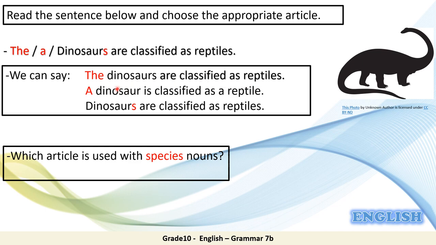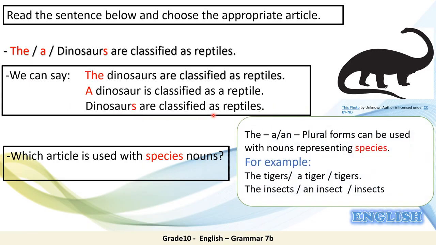It means all the dinosaurs, so we are talking about dinosaurs in general. The second one, a dinosaur is classified as a reptile, means every dinosaur is classified as a reptile. Finally, the plural form also gives a general meaning. We mean here that all dinosaurs are classified as reptiles.